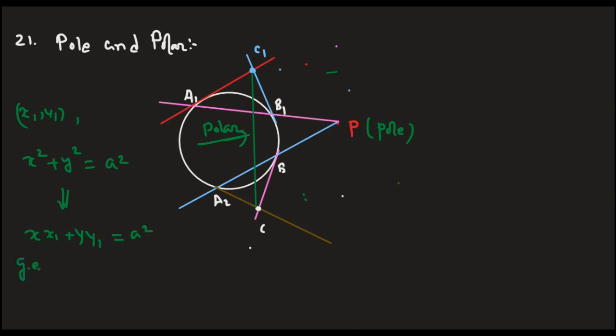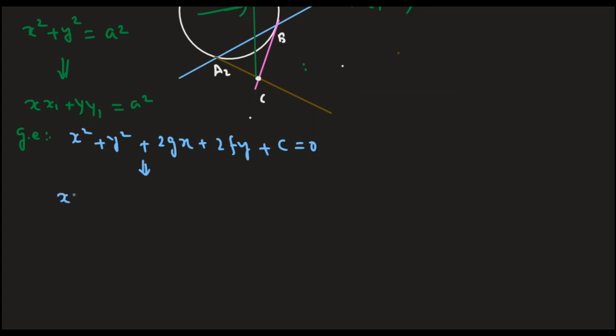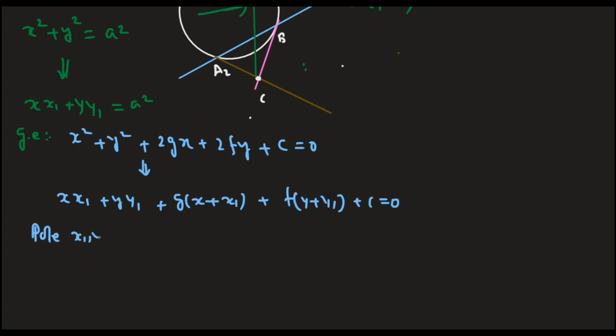For the general equation, if I have the equation of the circle as x² + y² + 2gx + 2fy + c = 0, then the equation of the polar will be xx1 + yy1 + g(x + x1) + f(y + y1) + c = 0. So this is the equation of the polar with respect to the pole (x1, y1).